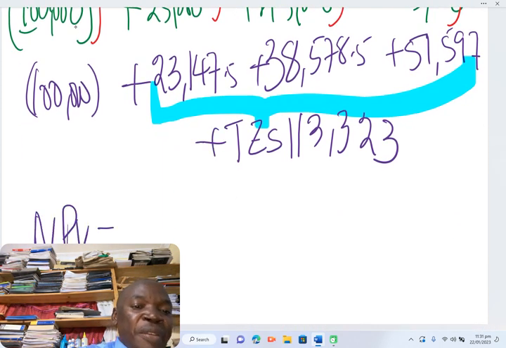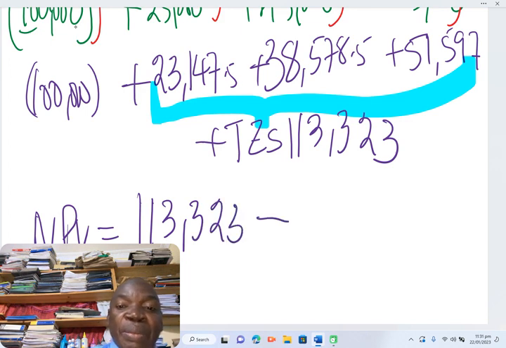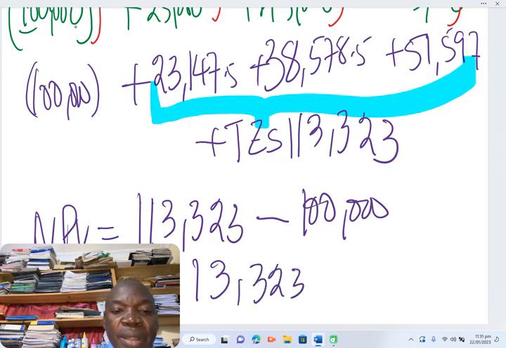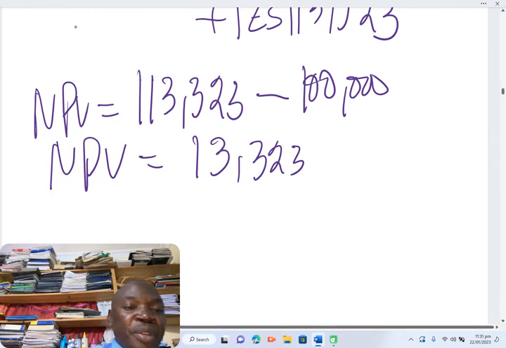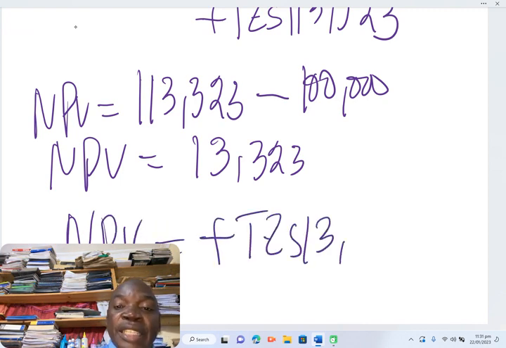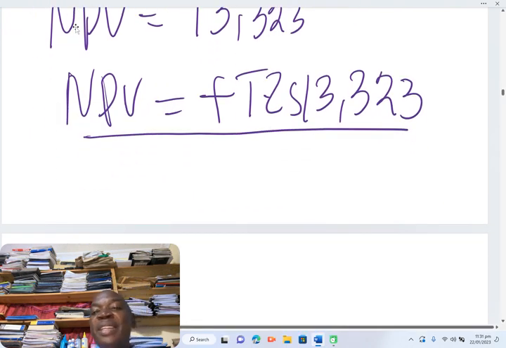NPV is the discounted cash inflow, which is 113,323, minus the discounted cash outflow, which is 100,000. Therefore, NPV equals 13,323, and this is positive. So NPV is positive 13,323. Having done this, now you make a decision.